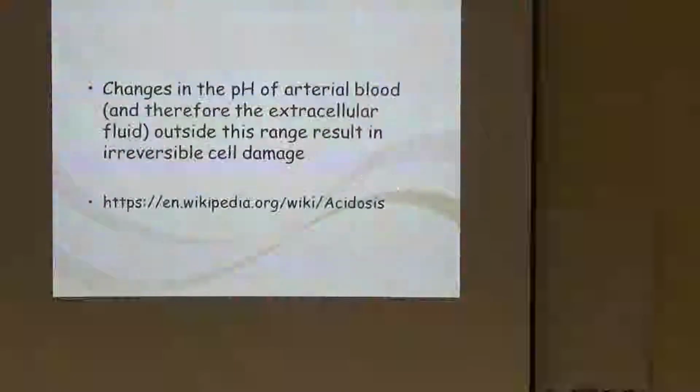The bio students will understand this better because you deal a lot with the difference in potential, let's say the proton, H plus potential, where H plus is the acid. So changes in the pH of the blood, and therefore in the cell fluid, can result in irreversible cell damage.